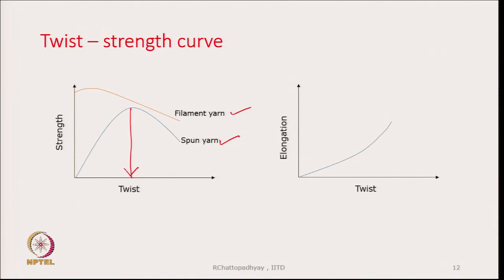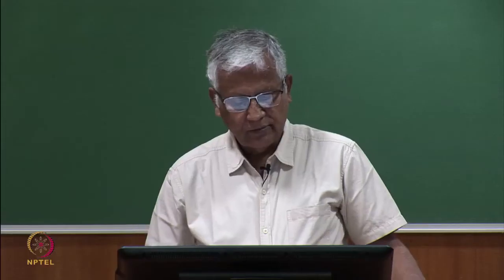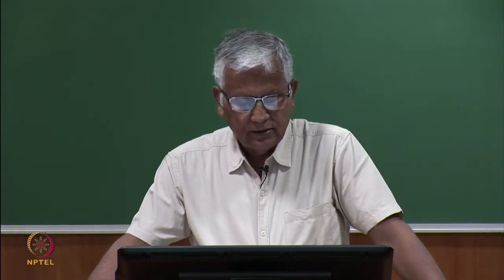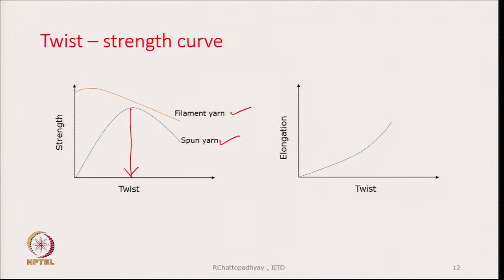So, you see that initially as we go for more twist, the spun yarn strength rises because the cohesion between the fibers is going to increase, but beyond a certain limit, the obliquity effect, that is the fibers are becoming more and more inclined with respect to the yarn axis, and therefore, the fiber strength realization in the yarn is going to fall, and that will overtake the cohesion value, and hence the spun yarn strength will start falling down beyond this optimum twist.